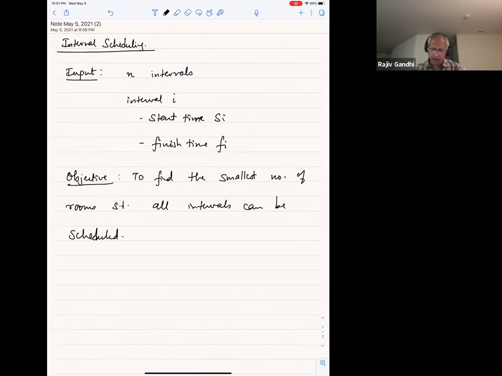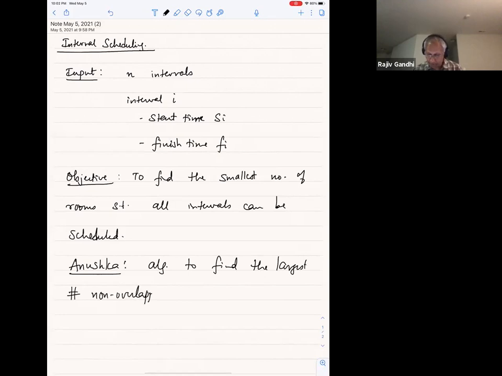And what Siddharth had suggested is that, so first, actually, Anushka had given an algorithm to find the largest number of non-overlapping intervals, right?